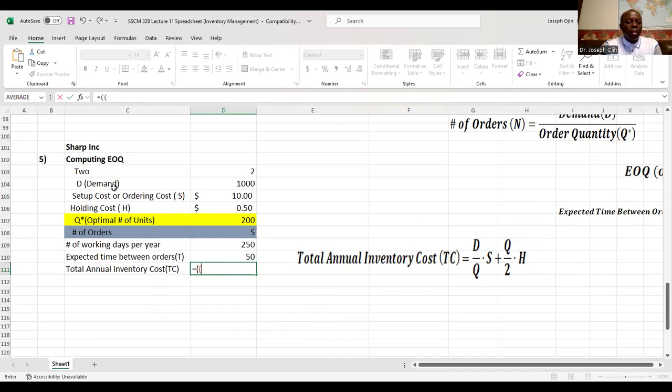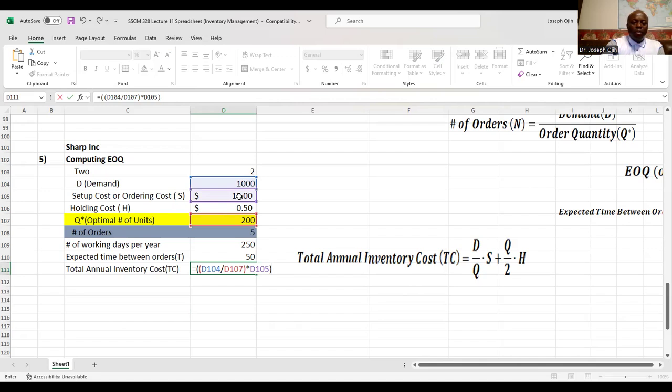D is right here, demand, over Q, the order quantity. Okay. Close parenthesis, times, use the asterisk symbol for times, S. Now S is the setup cost of $10.